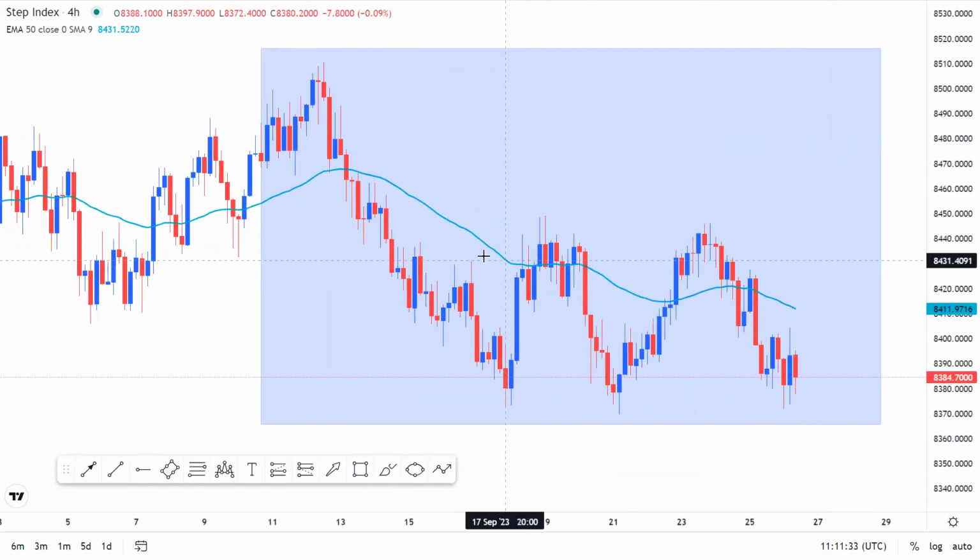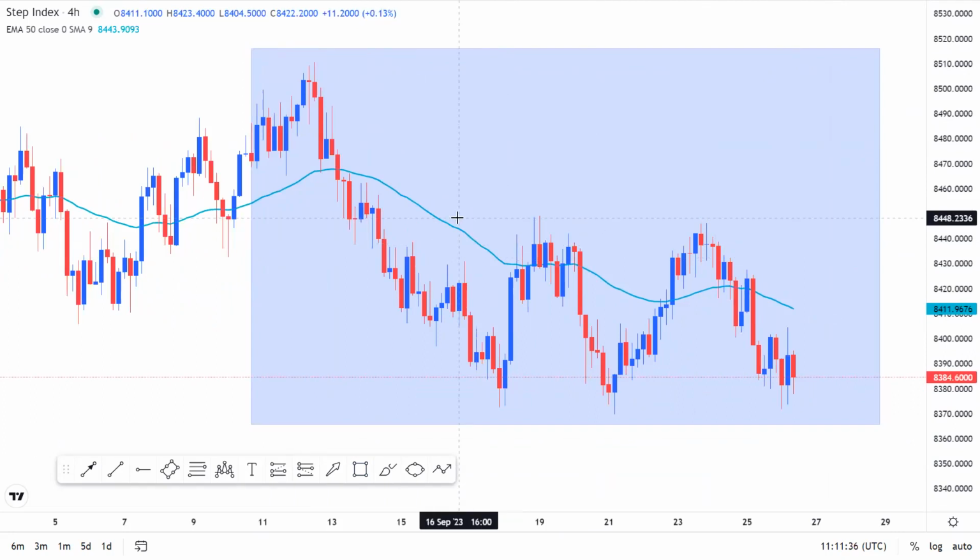But then there's 4 different types of head and shoulder pattern. So go ahead and pause the video and let me know if you see what I see.